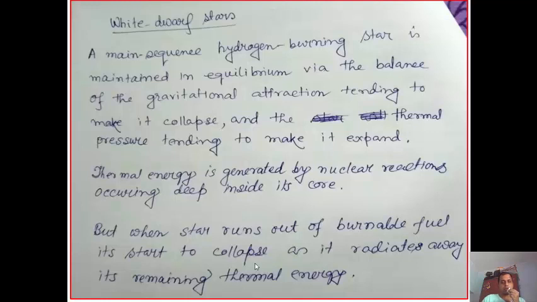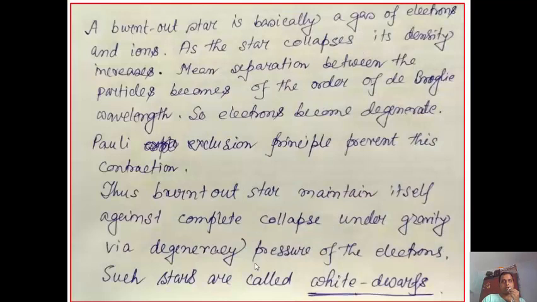When the star runs out of burnable fuel, it starts to collapse. It is basically a gas of electrons and ions. As the star collapses, its density increases, and the mean separation between the particles becomes of the order of the de Broglie wavelength. The electrons come very near, and the de Broglie wavelength becomes prominent.